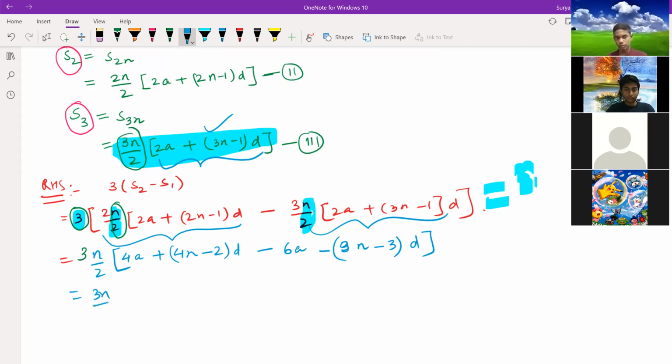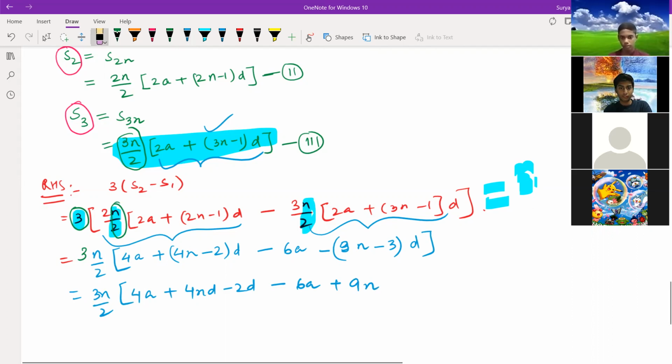Now 3n by 2 as it is: 4a plus 4nd minus 2d minus 6a. Minus 9n plus 9n, this is not coming plus, it's minus only. Minus 9n plus 3, minus 3nd and plus 3d.